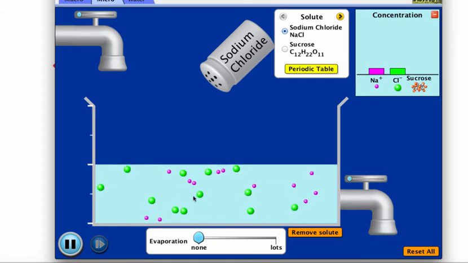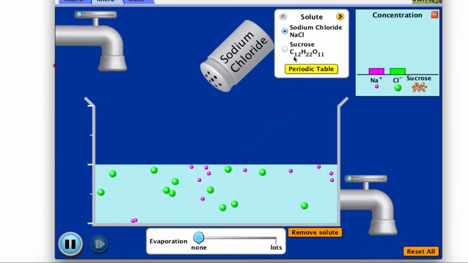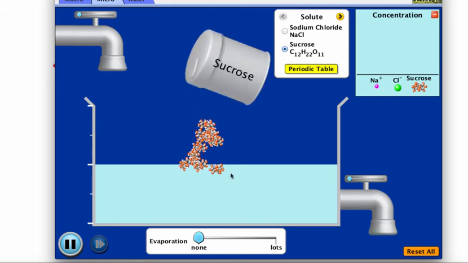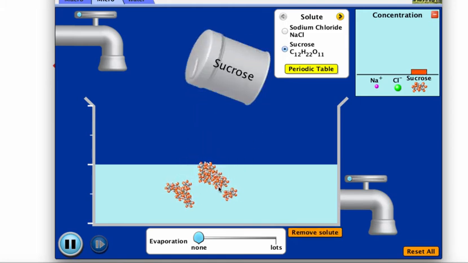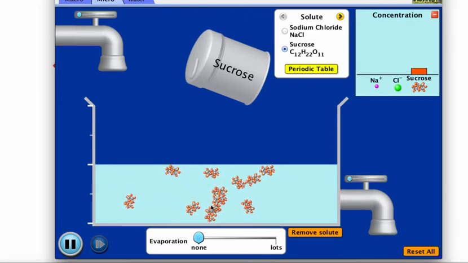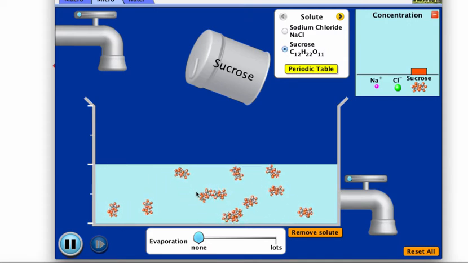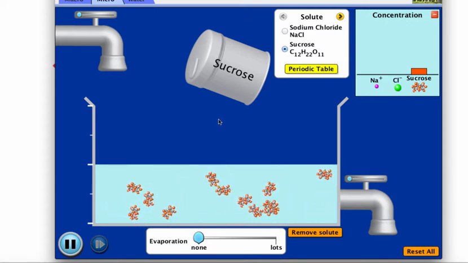This is partly a consequence of the behavior of an ionic substance. Now notice that when we do the same thing with sucrose, we don't get the same result. The thing that happens with sucrose is discrete molecules dissolve, but those molecules do not dissociate into ions. And that's an important distinguisher between sugar and salt.